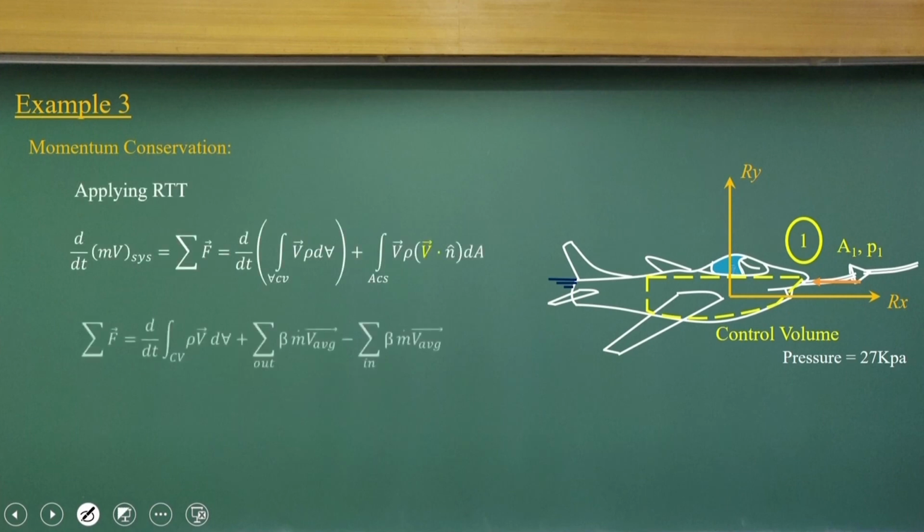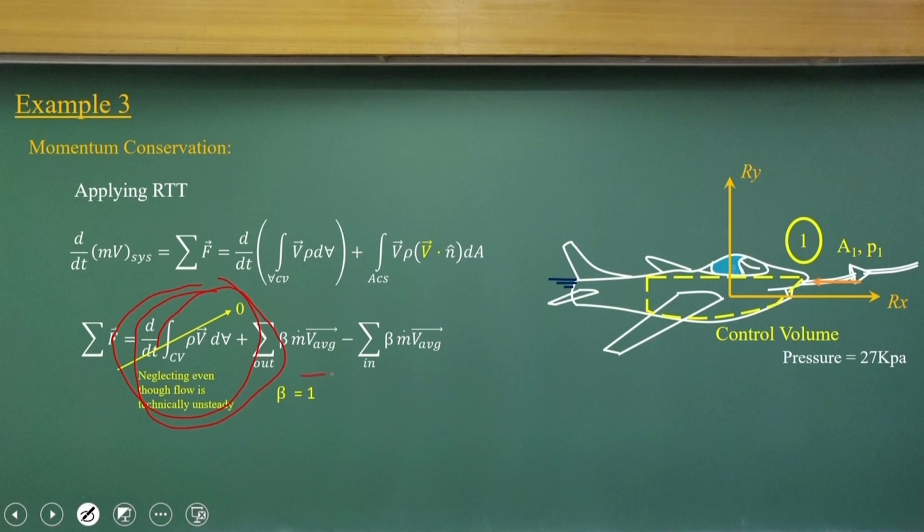Applying the Reynolds transport theorem and simplifying the terms, the main concept we have considered is that there is a change of momentum flux within the control volume, but the rate of change of the momentum flux within the control volume is not that significant compared with the momentum thrust coming from the fuel. So this component will be there, but it is not that significant. Since it is not significant, we make it 0 and treat the problem as steady.